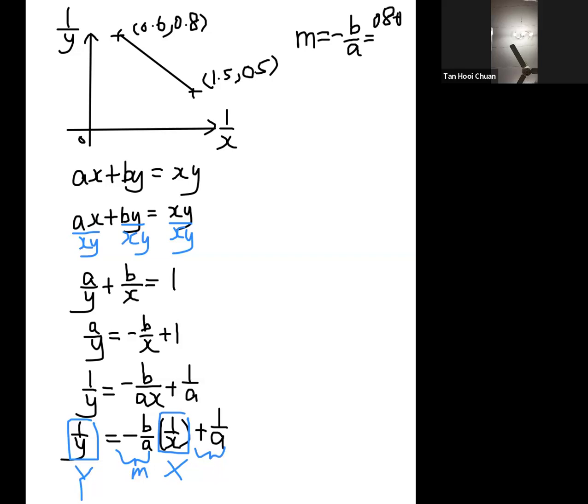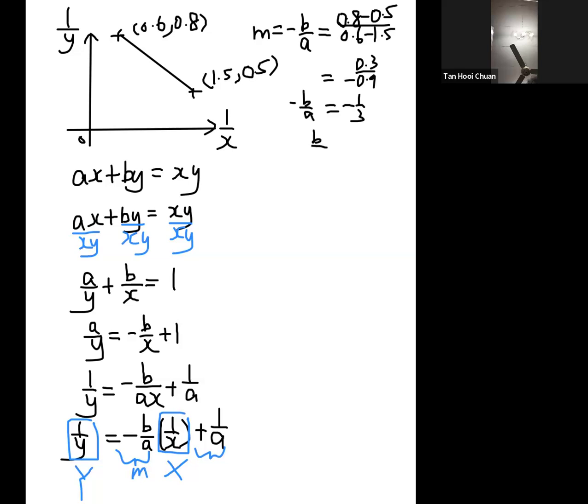Yeah, gradient can find out easily. b over a is 1/3.